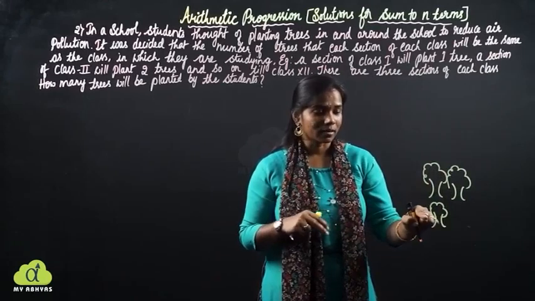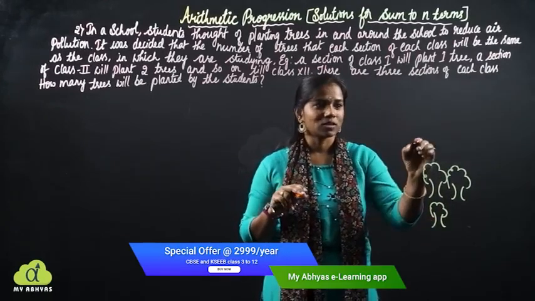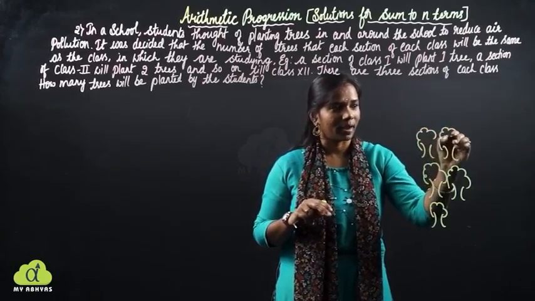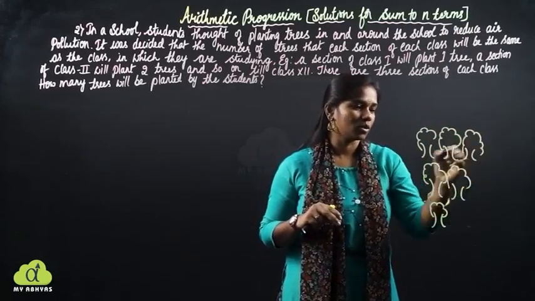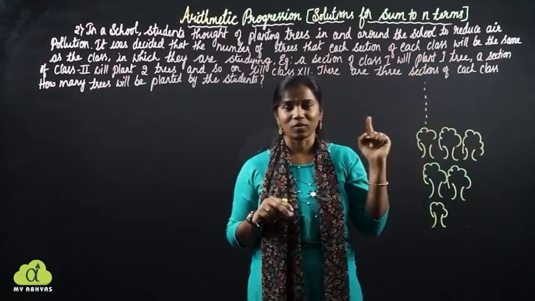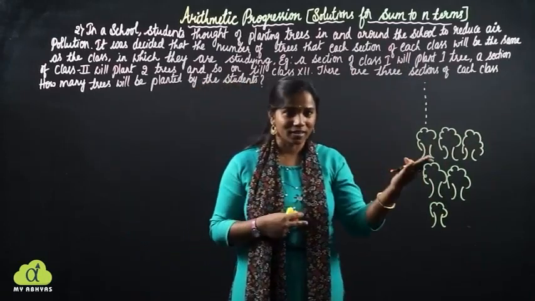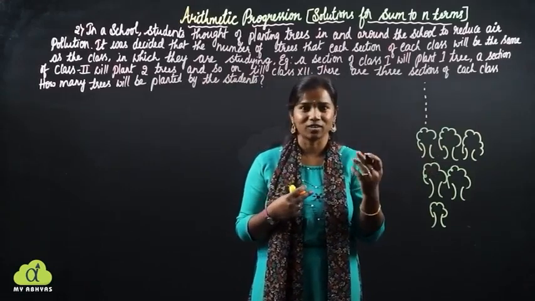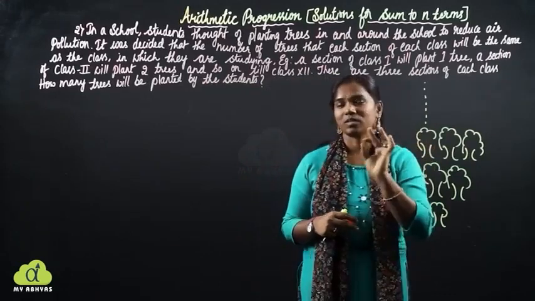In class 1 there are 3 sections, class 2 also has 3 sections, class 3 also 3 sections, so 3 into 3, 9. So it goes on for 12 classes, 3 sections. How many trees did they plant overall?